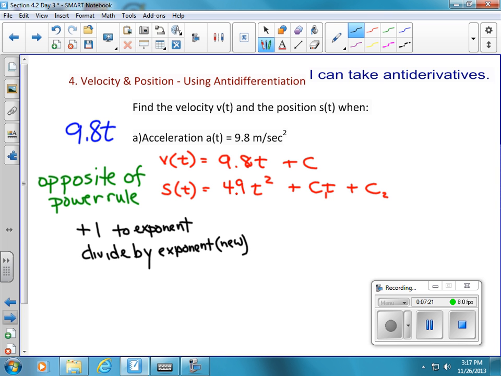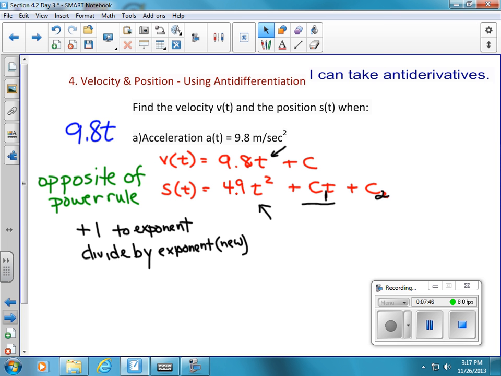Notice when we went from 9.8 to 4.9 t squared, we added 1 to the exponent, 1 plus 1 is 2, and then we divided 9.8 by 2. And then we took this second constant, we called it C1, just to differentiate it from C2. And we added a t to it, and then we added another constant.